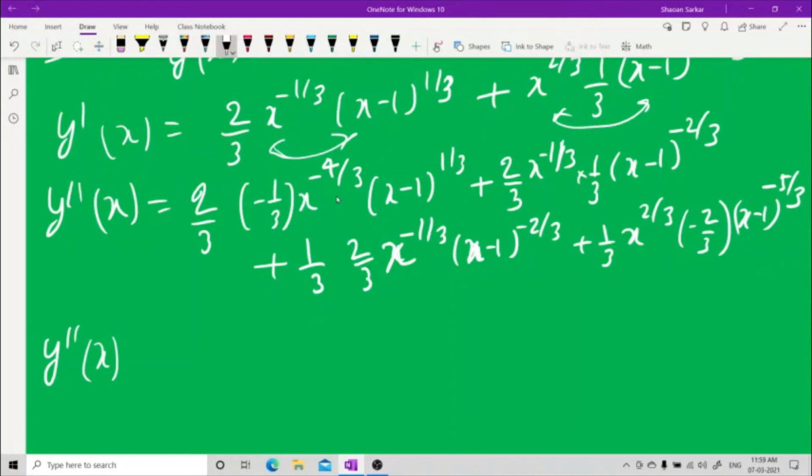If you solve this out, this is minus 2 by 9 x to the power of minus 4 by 3, and you take this quantity out.